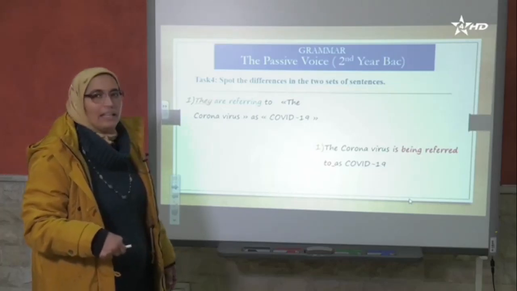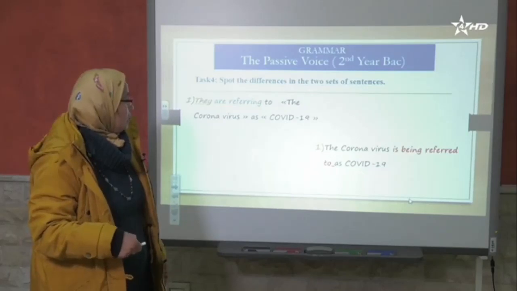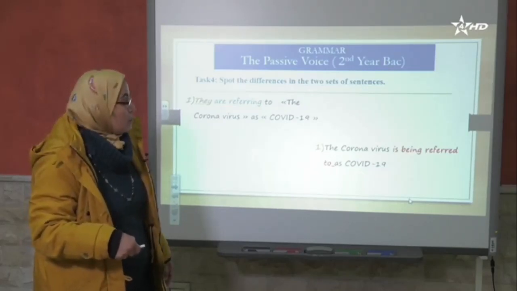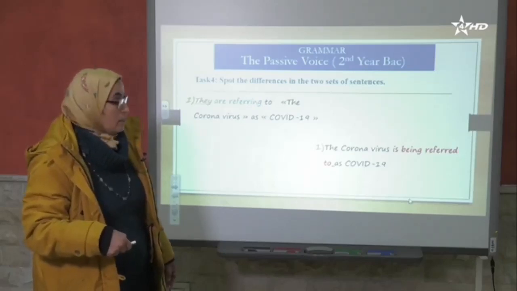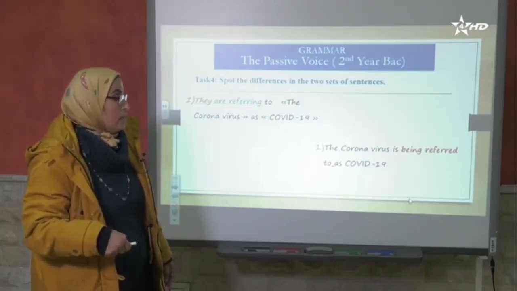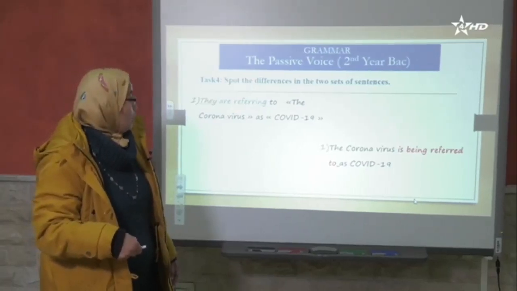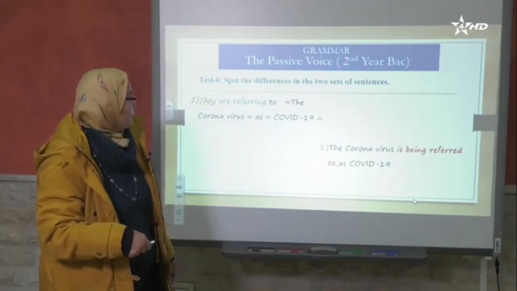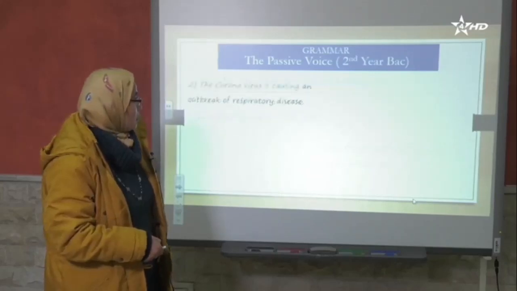What did we add here and what did we change? We have are, is, so it's the same tense, simple present. But we have something added here, that is to be in the continuous form, or is being, is to be in the present continuous. So we have being added here.